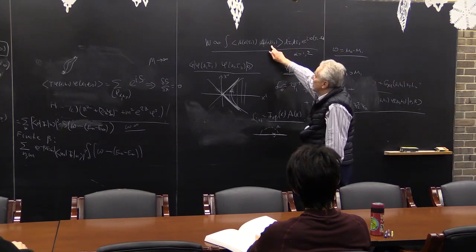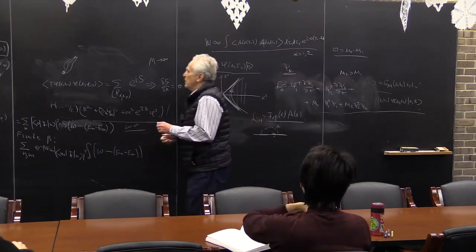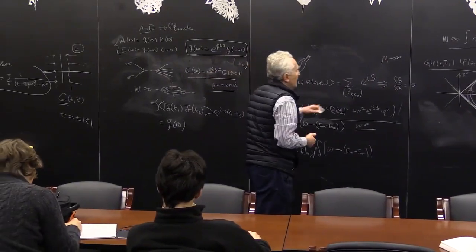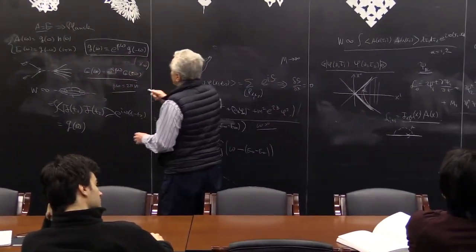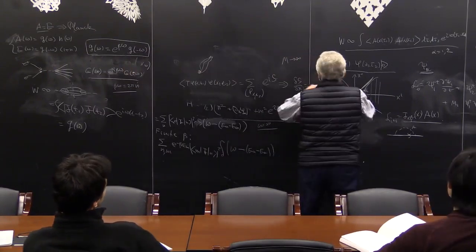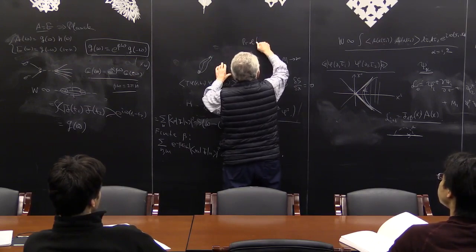Now, because this Green function is periodic in the imaginary direction, you immediately derive the relation for the probability of the state 2.